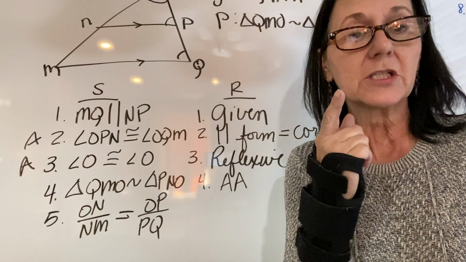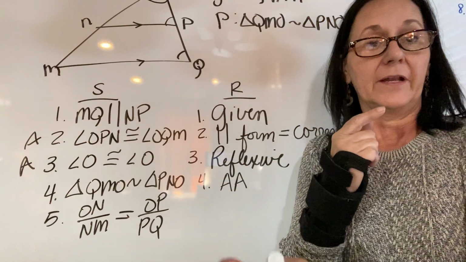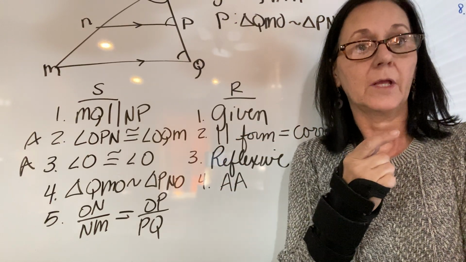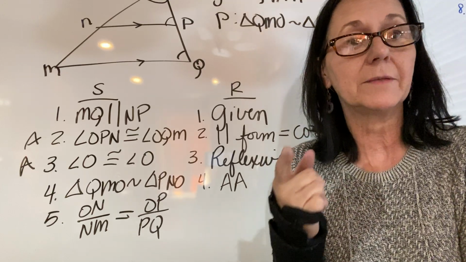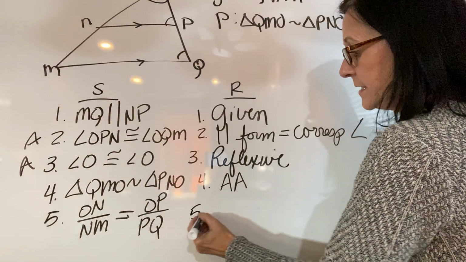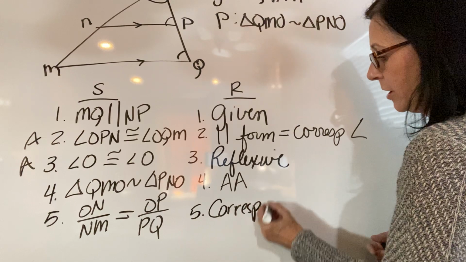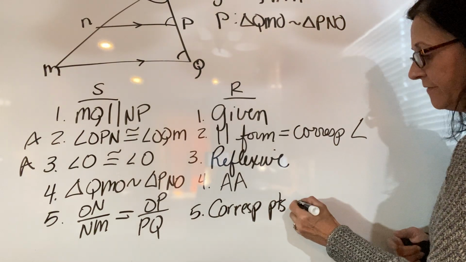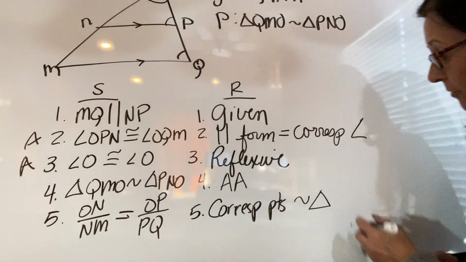It's going to be just like after we did congruence, where the next statement was corresponding parts of congruent triangles are equal. This is going to be similar to that. The reason here is going to be corresponding parts of similar triangles are proportionate. They're not congruent.